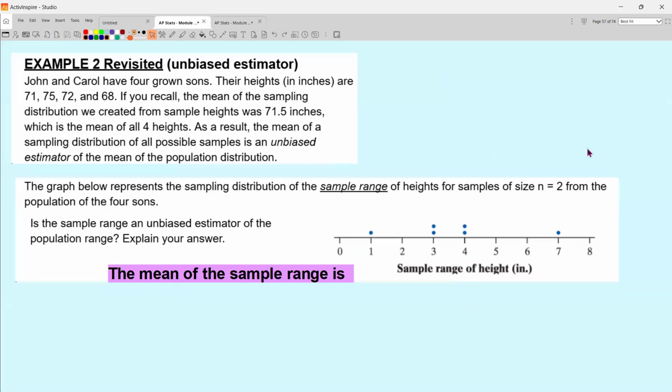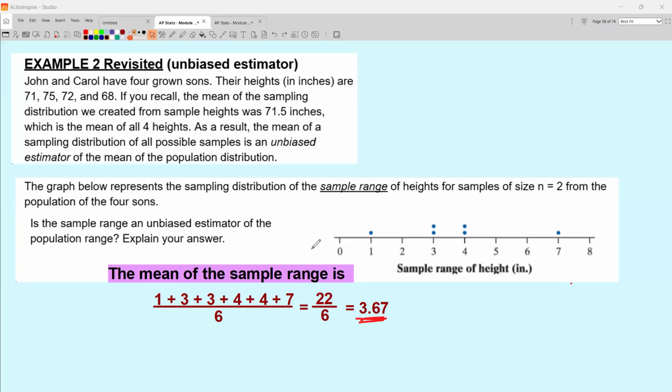We got all these different ranges: 1, 3, 3, 4, 4, and 7. If we take the average of all of those, we'll have 1 plus 3 plus 3 plus 4 plus 4 plus 7, and there are 6 of these. So that's going to give you an average of 3.67.